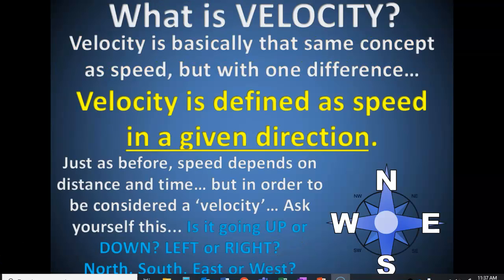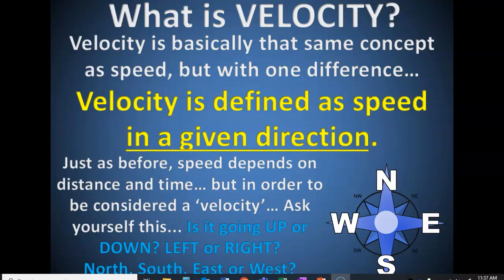All right, now that we have talked about speed, let's take a look at velocity. Essentially, velocity really is the same concept as speed, but it does have one difference, and it can be kind of important. Velocity is defined as speed in a given direction.